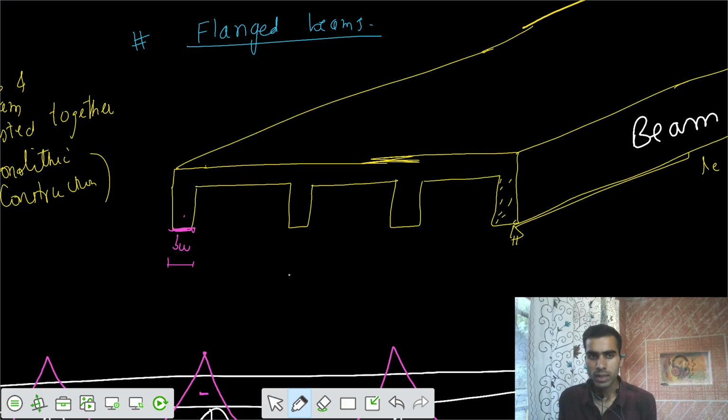And the center to center distance would be, let's say, this one is your L1, this is your L2, and this is your L3. Clear span is the span between the beams, and there is some width of the beam. Let's say the width of the web is the same, BW.